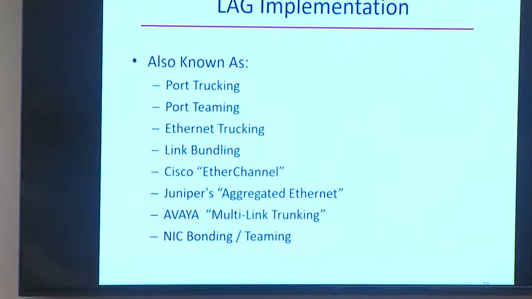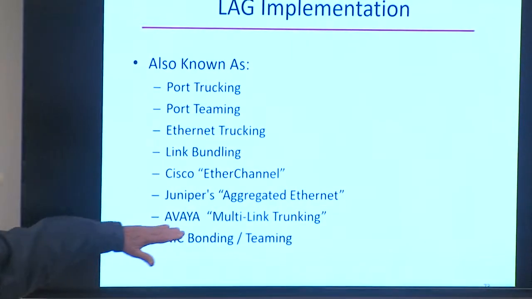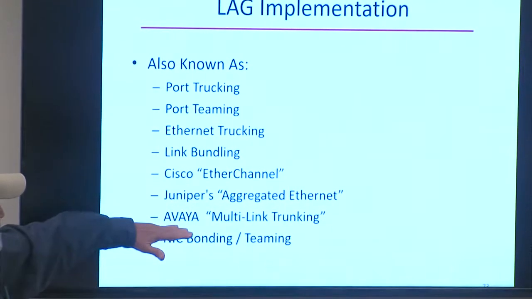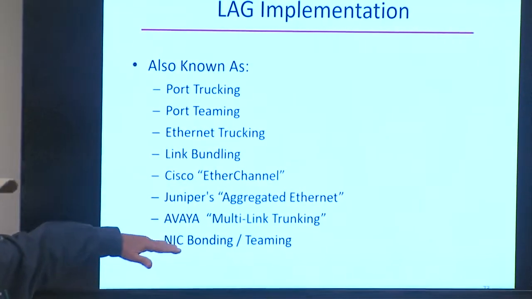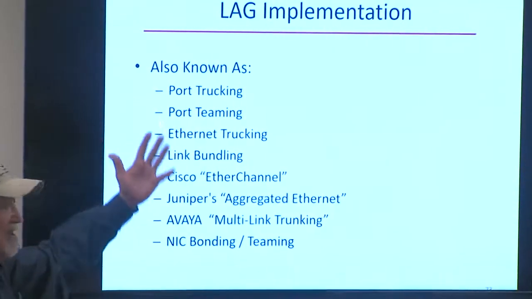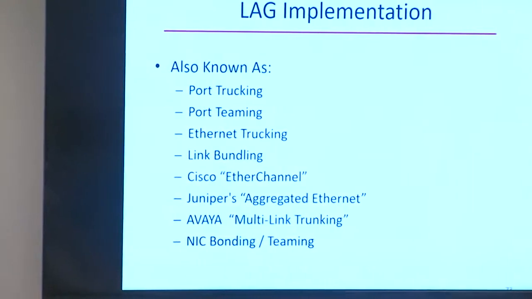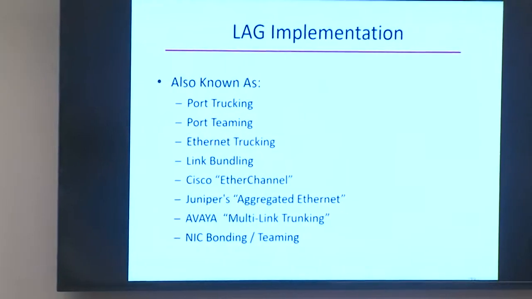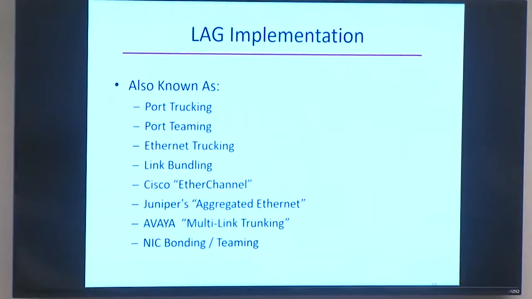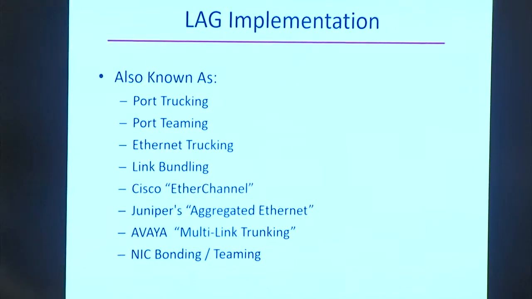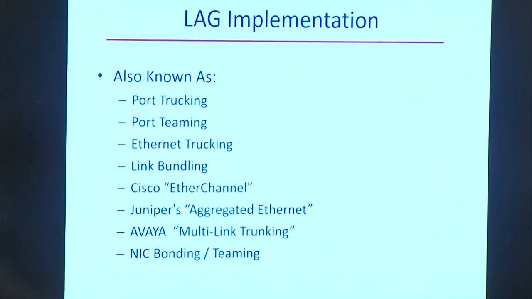Interesting thing about link aggregation, you'll find a lot of different names for it in the industry. Some of them are specifically associated with particular manufacturers. For instance, Cisco will refer to it as EtherChannel. But again, several names that are really associated with the same thing.